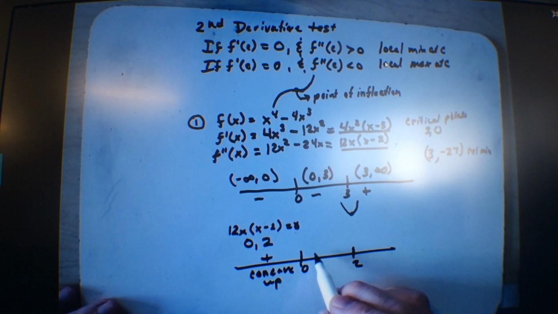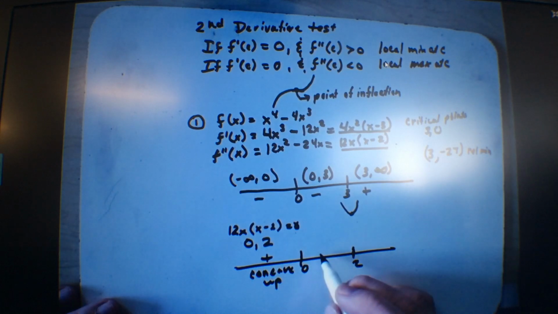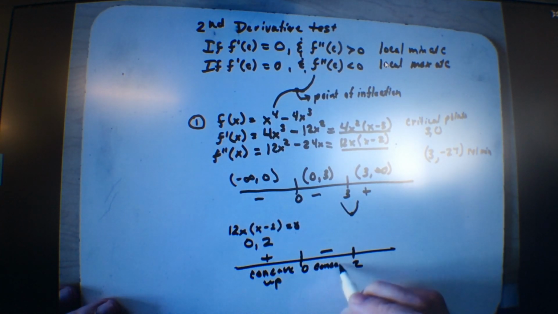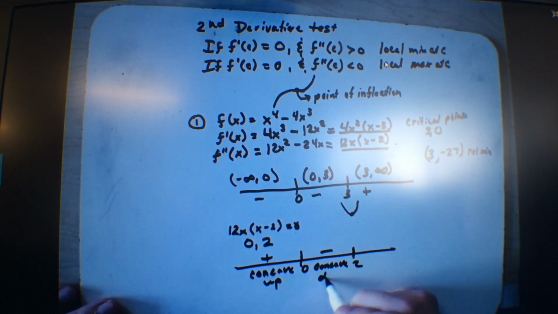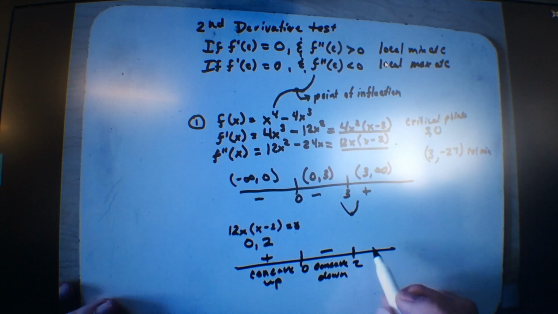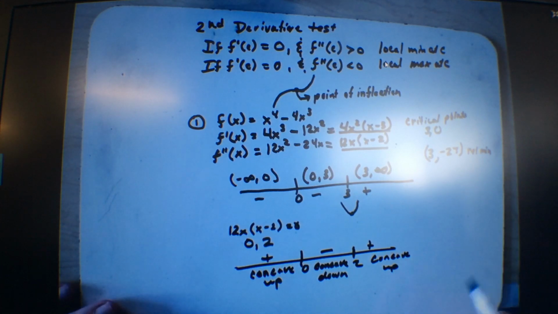Now let's go in between here. What do we got? 1 is positive and negative, so now notice, this is different. We're finding concavity, right? And let's do 3 here. What do we get? 3, we get a positive, so this is concave up. Does everybody understand that?